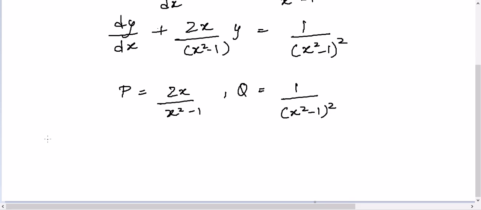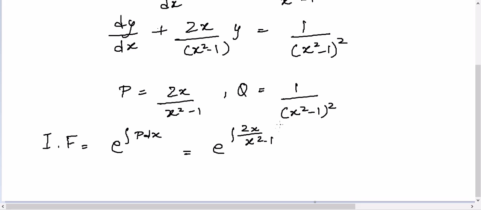So now guys, we need to find the integrating factor, which is e to the power integral of 2x by x square minus 1 dx. Guys, we are assuming x square minus 1 is equal to t, so 2x dx is dt.